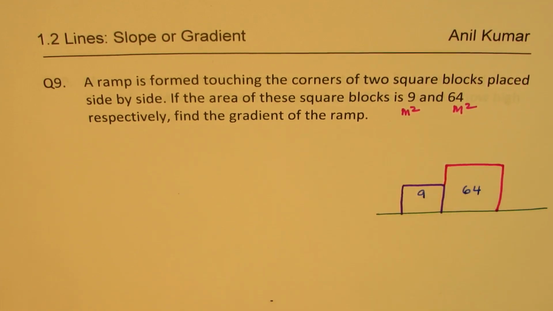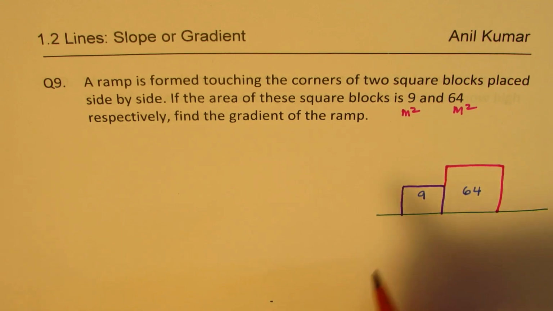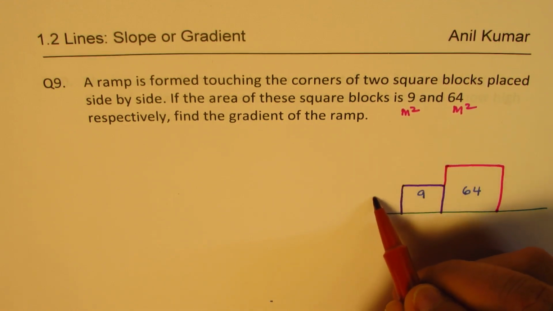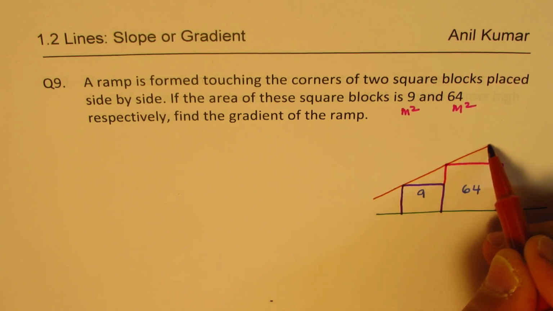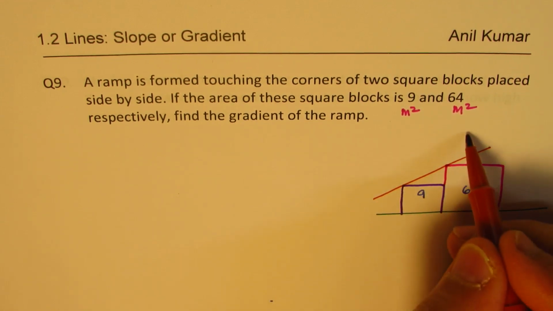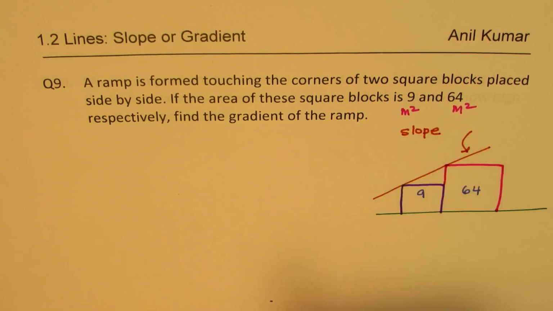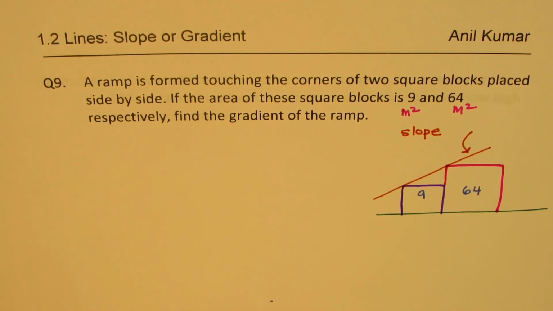So that is the area. And what we are trying to figure out is that there is a ramp which is touching these corners, right? So the ramp is kind of going like this. We need to find the slope of this. That is the question, okay?